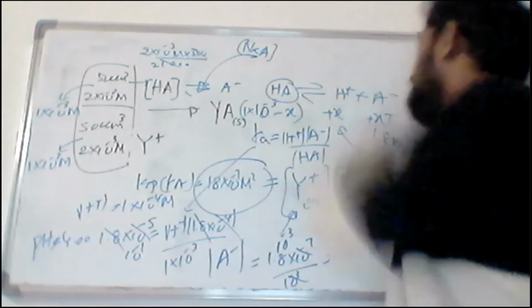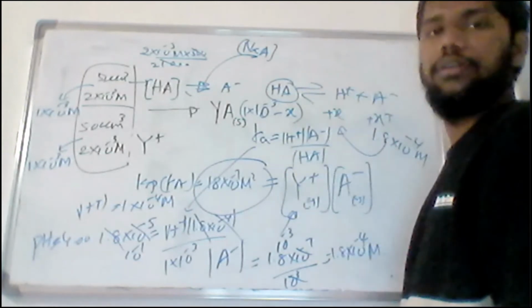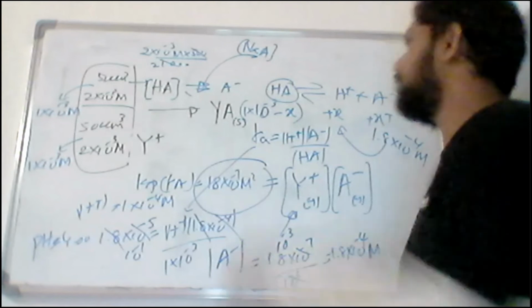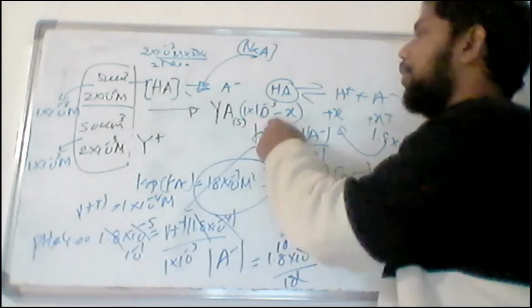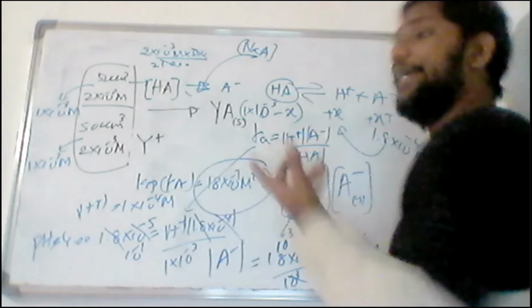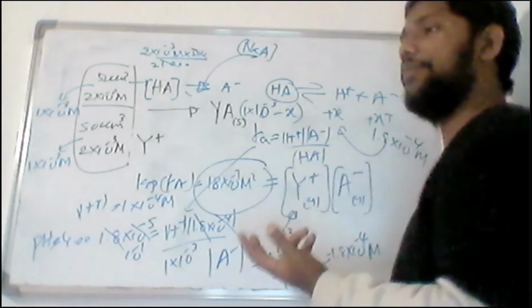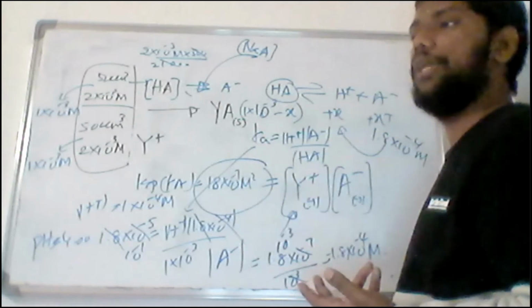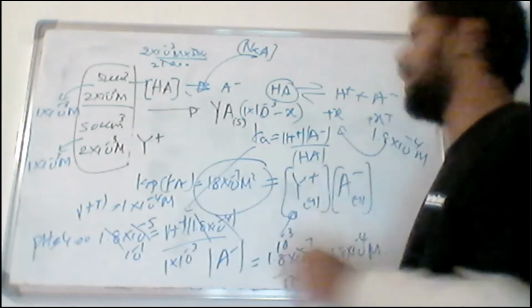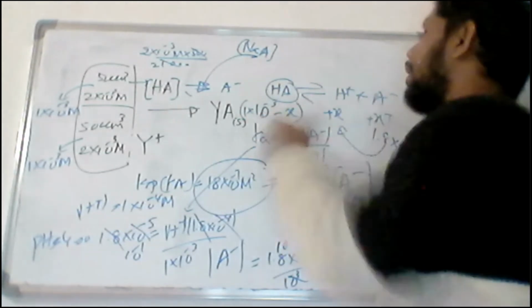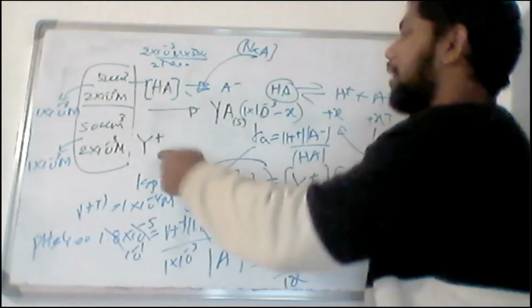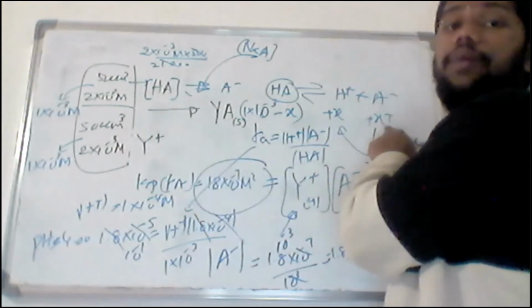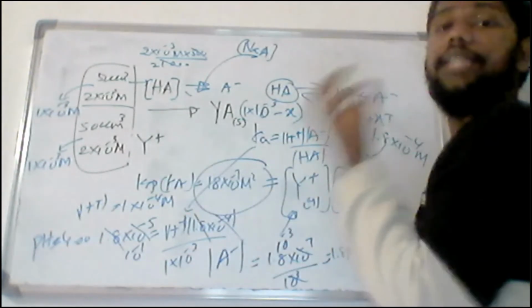So HA is in equilibrium like this. So in normal equilibrium, when there is HA 1 into 10 to the power minus 3, X amount will react, and X amount of A minus will be forming. But don't forget, this is in normal equilibrium. But here there is Y plus, where this X plus some amount of A minus can be reacted.